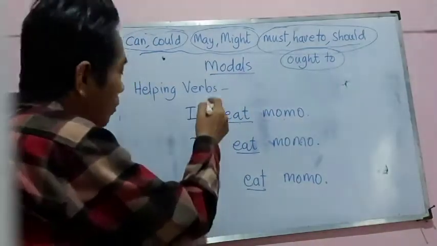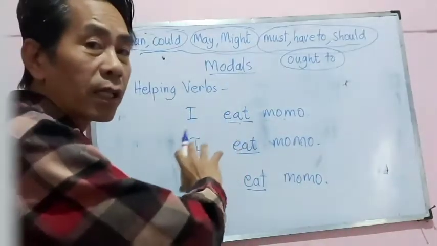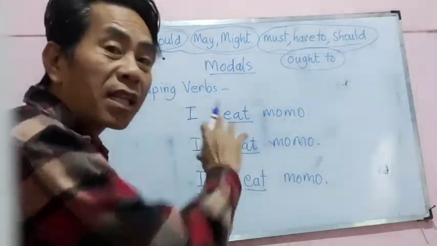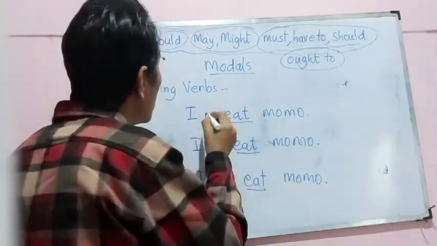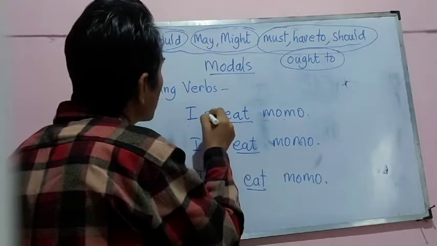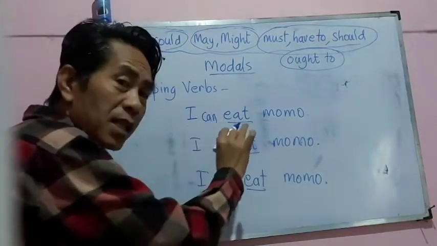I'm going to write one modal here and you see whether the verb meaning changes or not. I eat momo. If I use I can eat, do you see the change in the meaning?